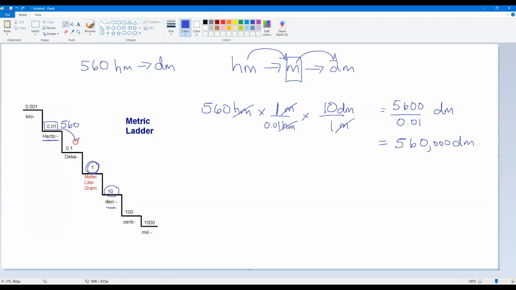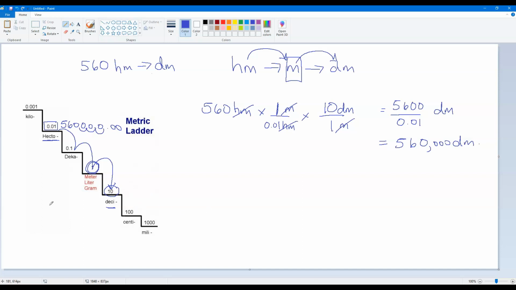So I go 1, 2, 3 jumps. So 1, that's my decimal, 2, 3 jumps gives me how many decimeters there are in the hectometers. So it's the same answer, doing it this way using conversion factors and doing it this way.